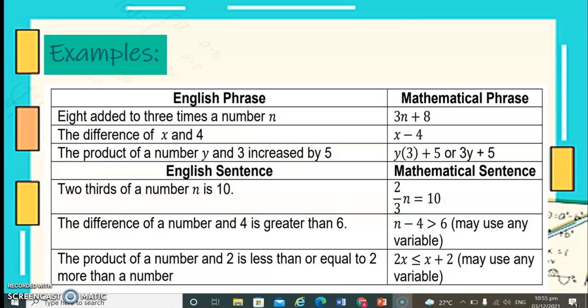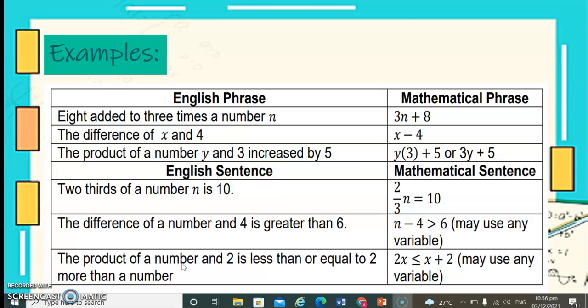And, lastly, the product of a number and 2 is less than or equal to 2 more than a number. So, we have here, wala man na mention ang number or ang letter nga gamiton. So, we can use any letter. So, here ang gingamit is x.